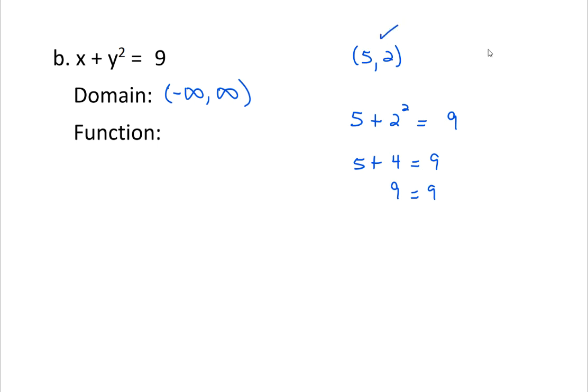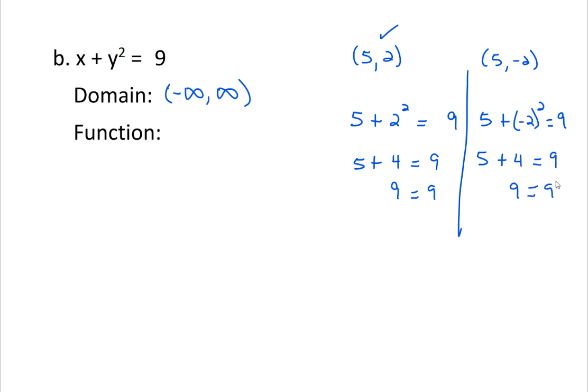Okay, what about 5, negative 2? Let's plug that into the equation. 5, and then, of course, anytime we plug in a negative number, we should put it in parentheses. Well, what is negative 2 squared? Positive 4. So this also gives me 9.